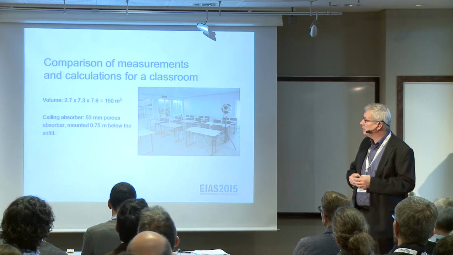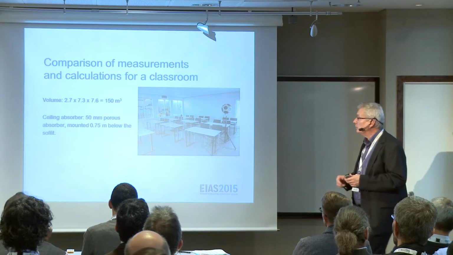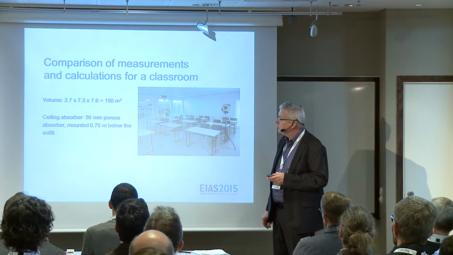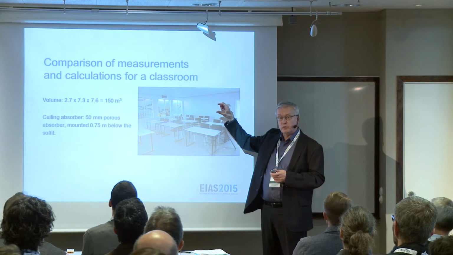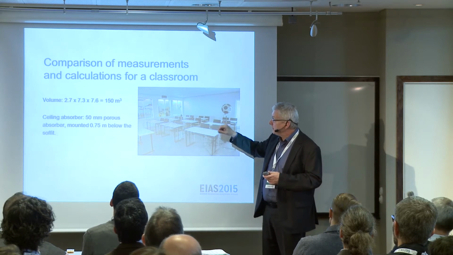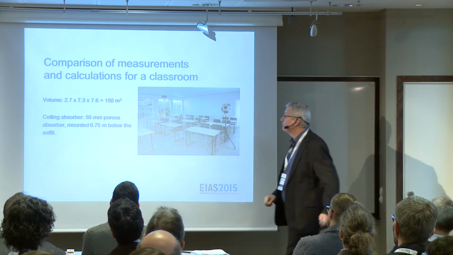Okay, now I will show you some real cases. This is a classroom with a volume of 150 cubic meters, and in the ceiling here we have a 50 millimeter porous absorber, and the airspace is 0.75 below the soffit.